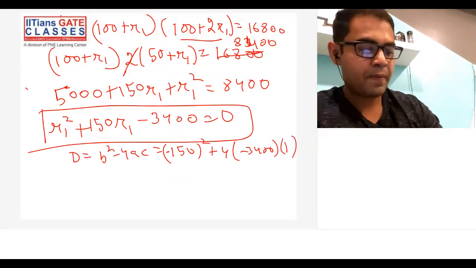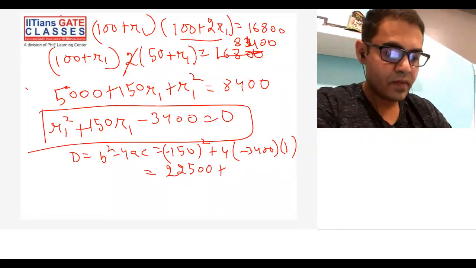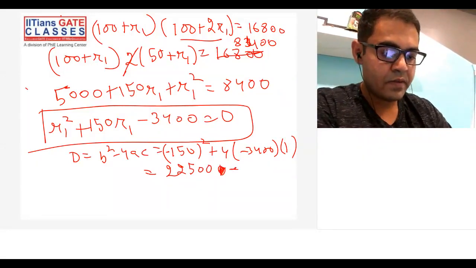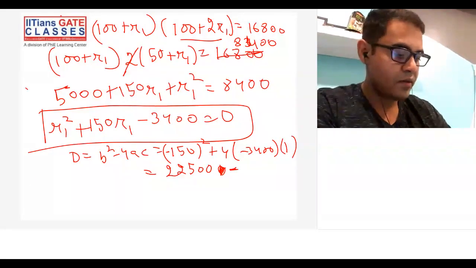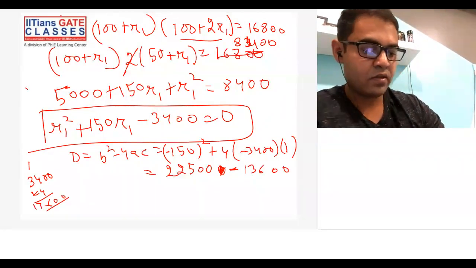So this becomes 22500 plus, sorry, this will be a minus sign. So this will be 34 into 4, which is 136, so 13600.